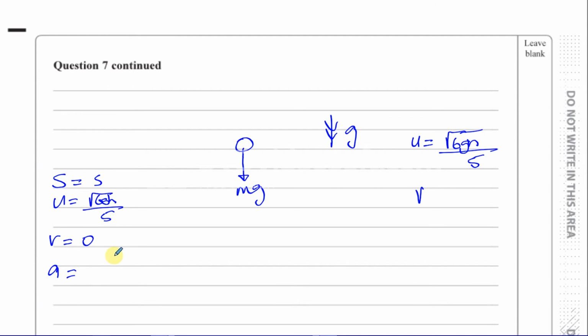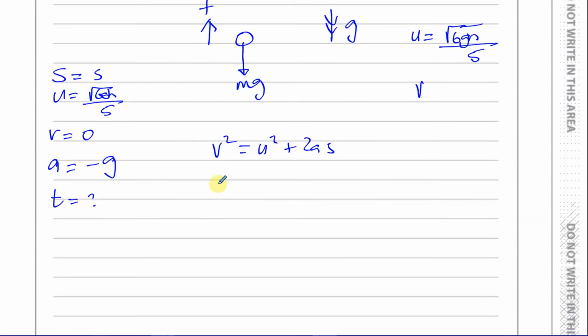Again, we can use v squared equals u squared plus 2as. This time we're going to find what s is. So v is 0, so you have 0 equals 6gh over 25 plus 2 times minus g times s.